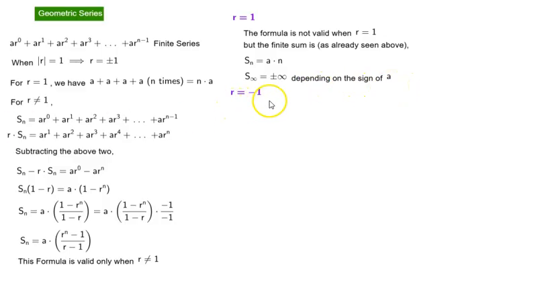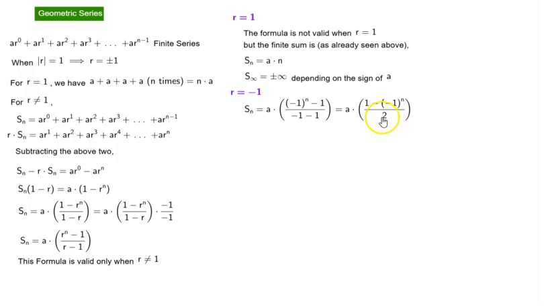Now what happens when R is equal to minus 1? S sub n is equal to, we apply the formula, A times R to the power of n minus 1 by R minus 1. So A times R to the power of n is what? Because R is minus 1, we will have minus 1 to the power of n minus 1 by minus 1 minus 1, which is equal to A times 1 minus minus 1 to the power of n divided by 2.